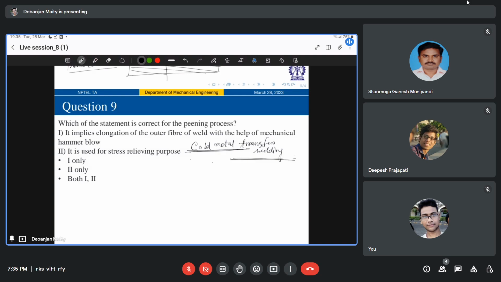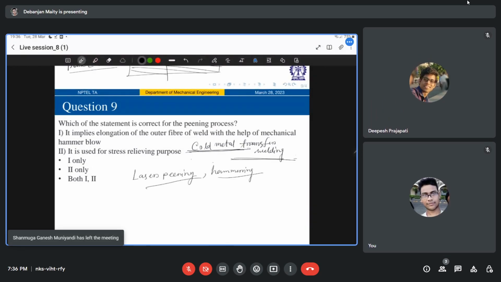Coming to the question, which of the statements is correct for the peening process? I hope you are aware of this. There are different kinds of peening, such as laser peening and some kind of hammering also. You basically elongate the outer fiber of the weld with the help of a mechanical hammer.